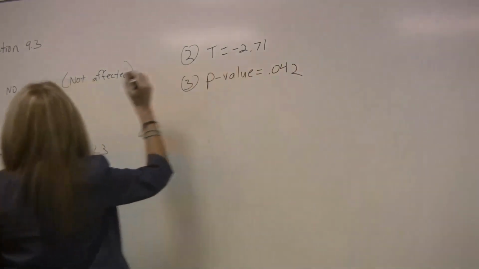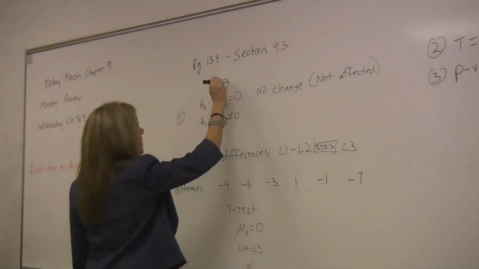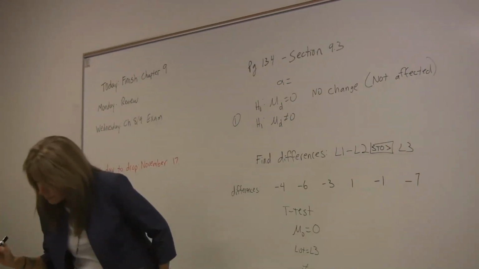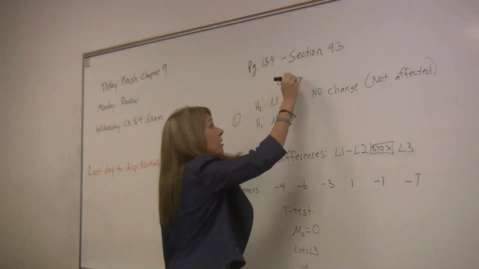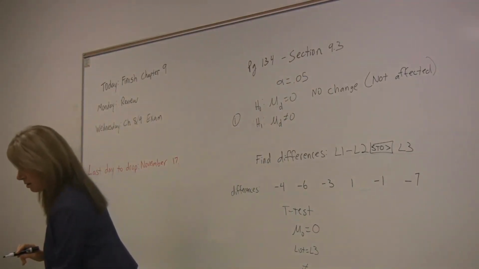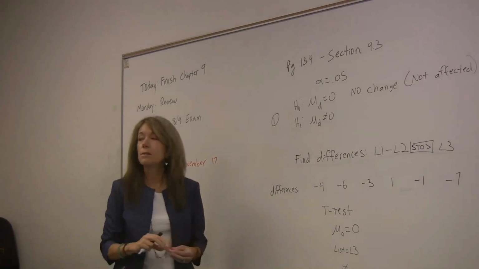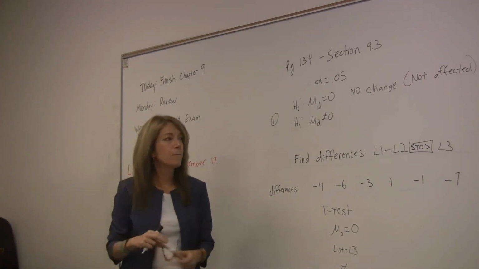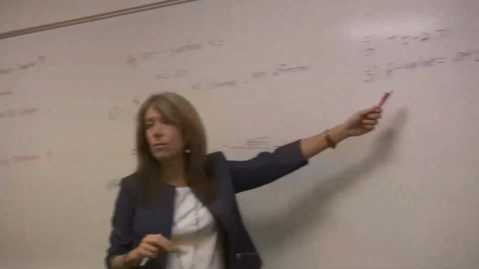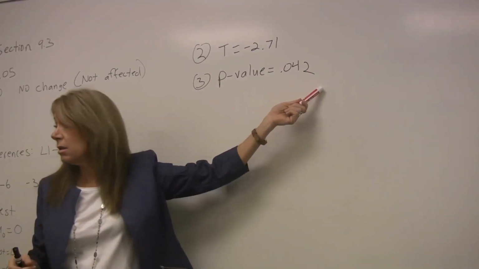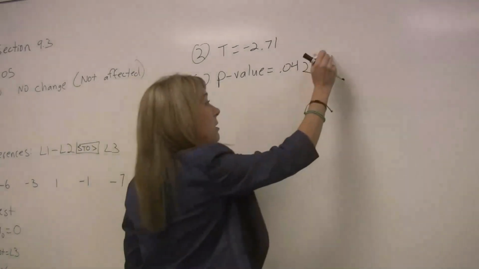Again, I always forget my significance level. What was it for this problem? 0.05. So what does that tell us? What do we do? We're going to reject H0, Christian says, because my p-value is smaller than my alpha.